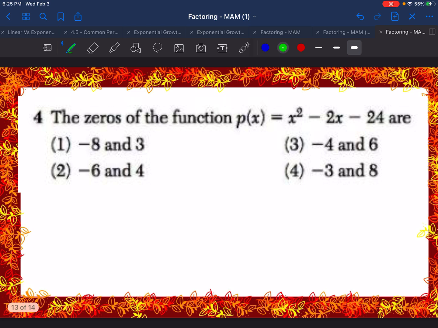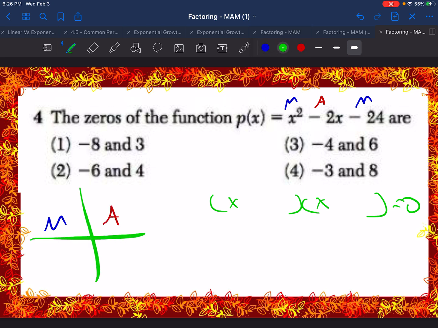Okay, let's do another multiple choice one. I'm going to skip that last one. So find the zeros of this function. I'll get you started. We put M, A, M. We know we're going to be using factors. And the MA chart.